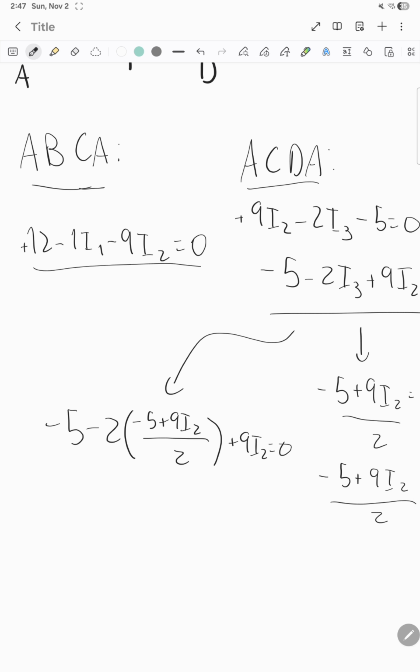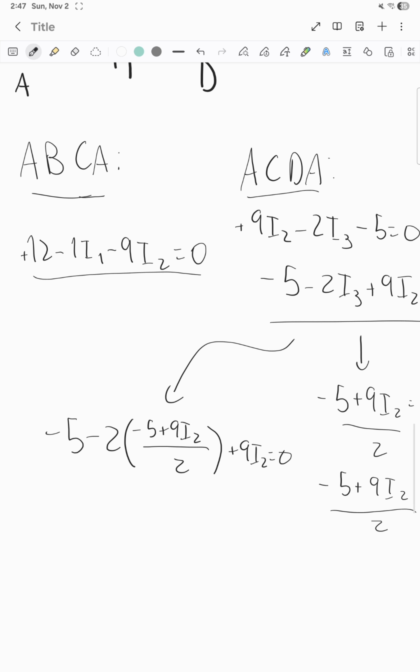And so if we do that, let's multiply here. So I have minus 5, and then we have minus 2 times minus 5, which would be 10. Or maybe we can have minus and then 2 times 5, which is negative 10, and then plus 2 times 9, which is 18 I2.